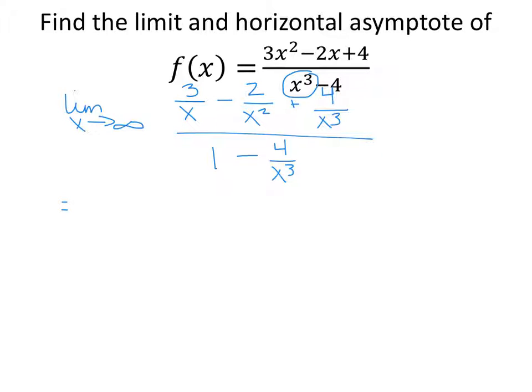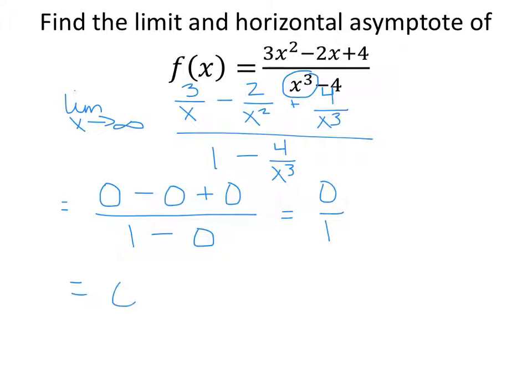As I take this limit, the limit as x approaches infinity of 3 over x is going to equal 0. The limit as x approaches infinity of 2 over x squared is 0. The limit as x approaches infinity of 4 over x cubed is also 0, over 1 minus that 0. So we really have 0 divided by 1. This tells me it is equal to 0.